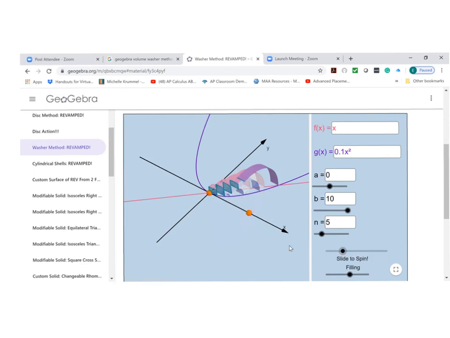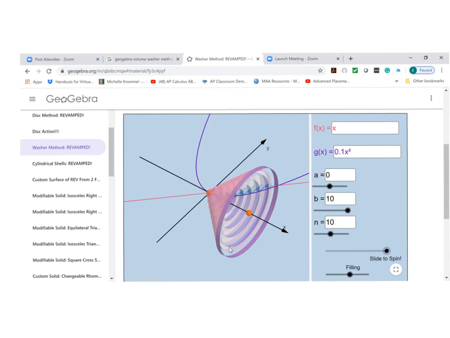Now, if I just reset it, and I make this into, say, 10, if I could get 10 there. Okay, so when we rotate these washers, well, we rotate the rectangles, we get these washers. You see how they're forming? Okay, so notice that this piece at the edge is solid, but inside is hollow because there's a space between the region and the x-axis.